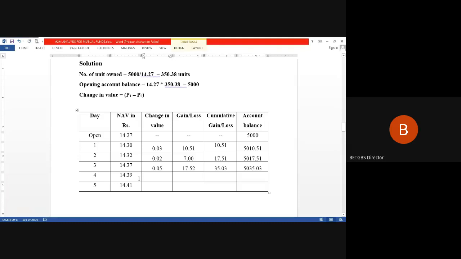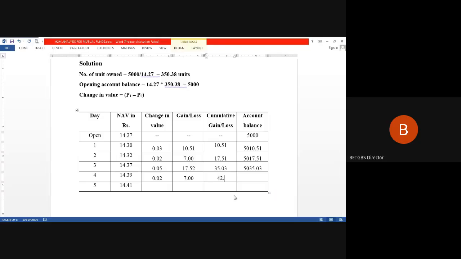Here there is a gain of about 2 paise, that is 39 and 37. So if you multiply with it again, we'll get the same. So the 8 will give this much. So it will be 42.03.